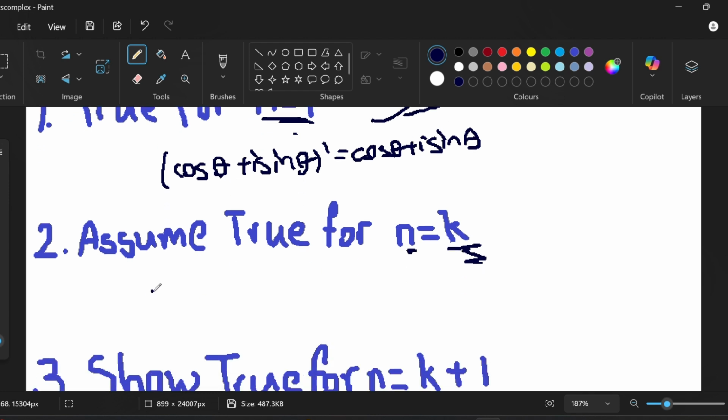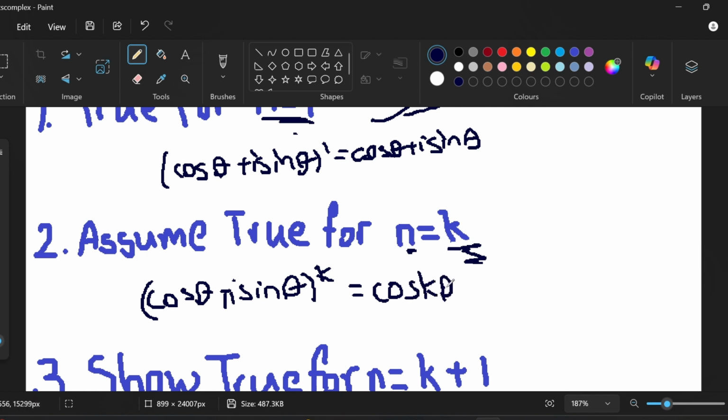We're just going to write out cos theta plus I sine theta to the power of k should be equal to cos k theta plus I sine k theta.